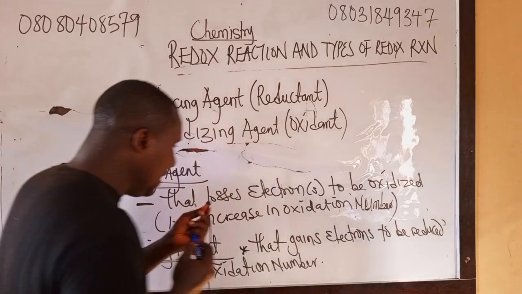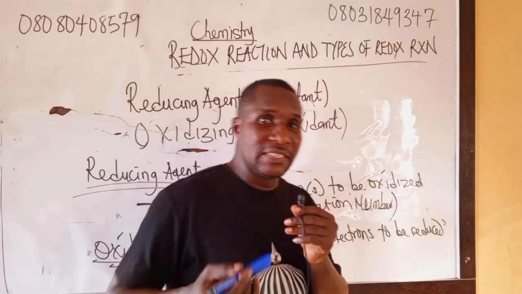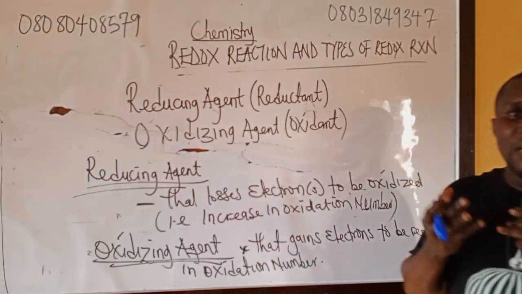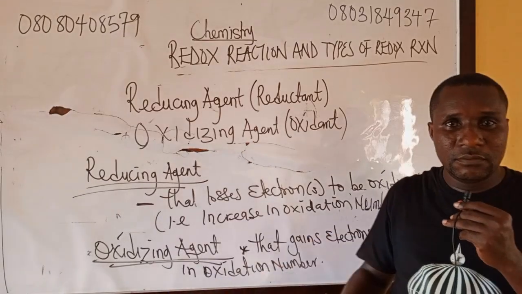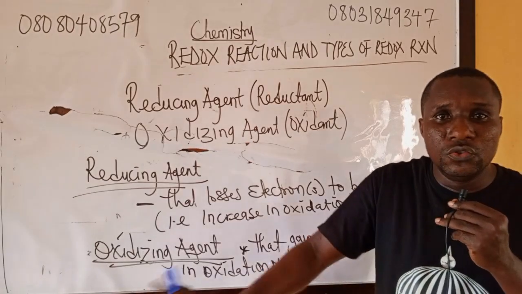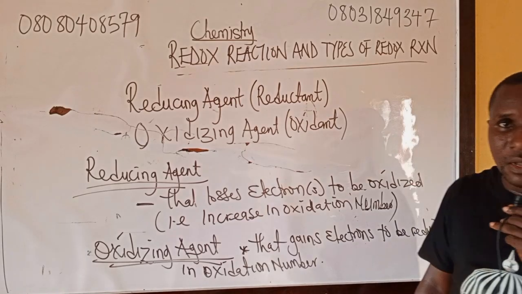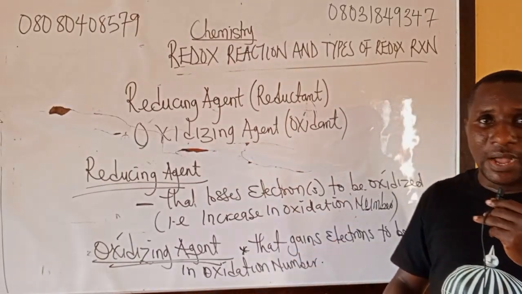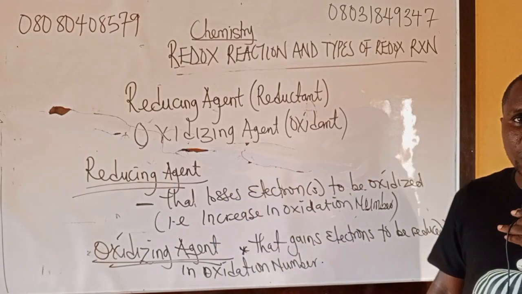That means oxidizing agent gains electron or electrons. And when it gains electron, it decreases in oxidation number. Take note, oxidizing agent is reduced in oxidation number by gaining electron.